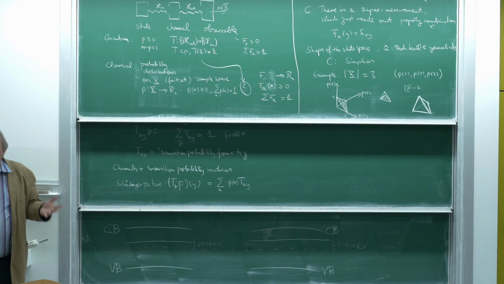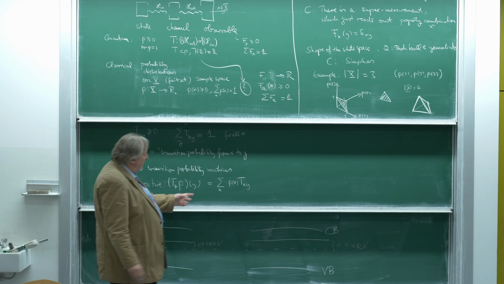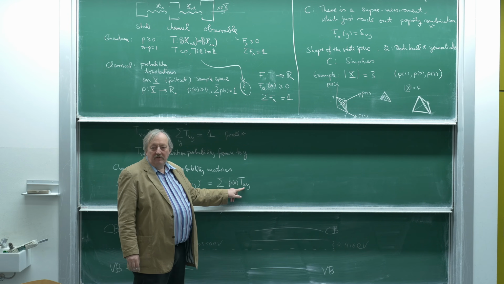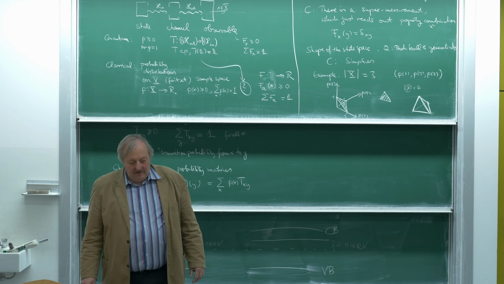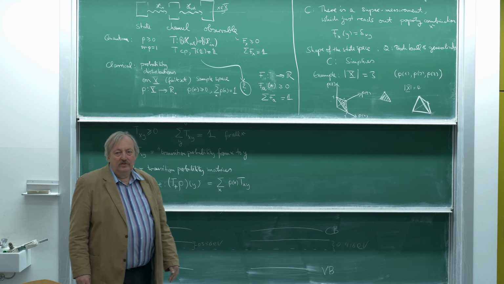It's the same matrix that does that, only that the index that we sum over is the other one, which means it's an adjoint. It's some kind of a transpose.